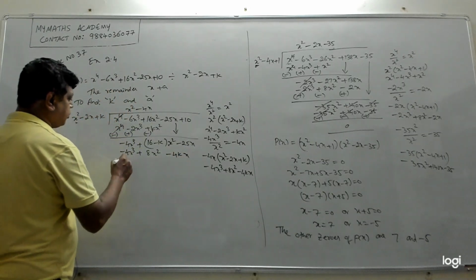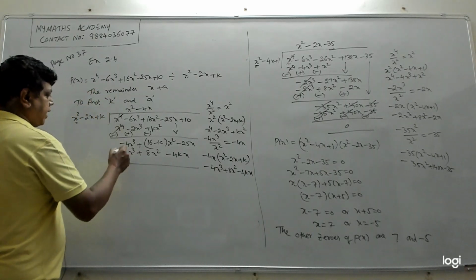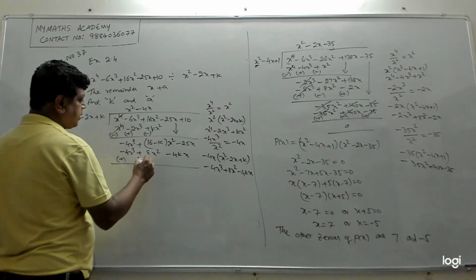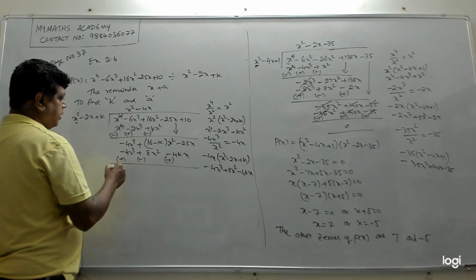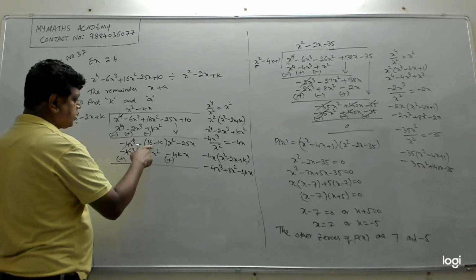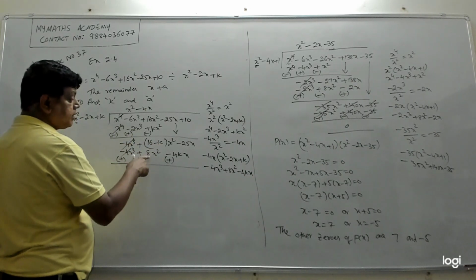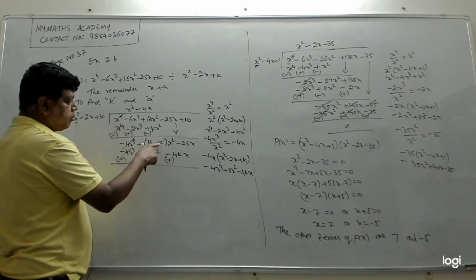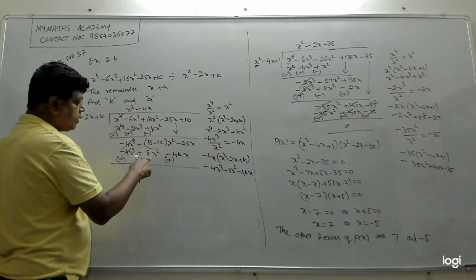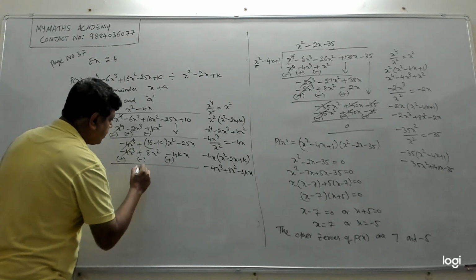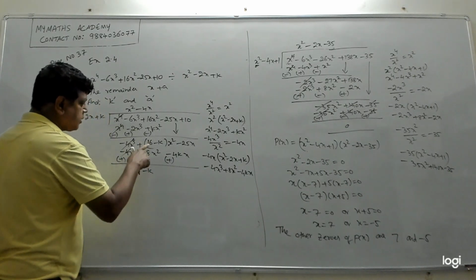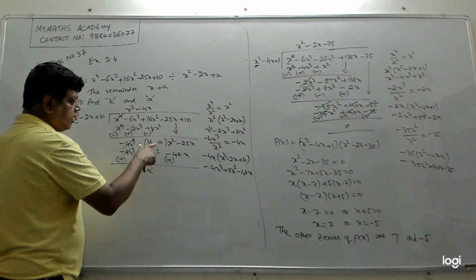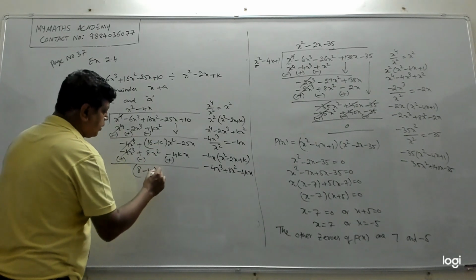Right? So if you do this, we'll cancel the plus and minus. So it will get cancelled. So this will become 16 minus k, and this is minus 8. You have to only take these coefficients and do that. So 16 minus k minus 8 will give me 8 minus k, because 16 minus 8 is 8, and the minus k will come into x square.